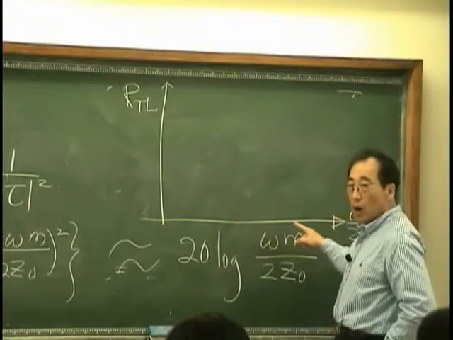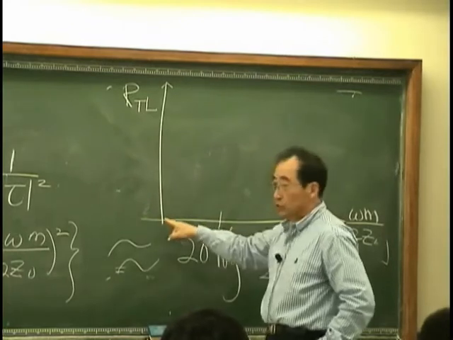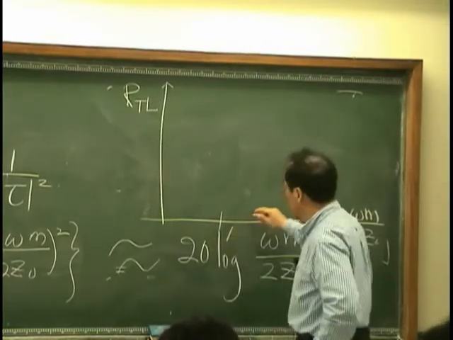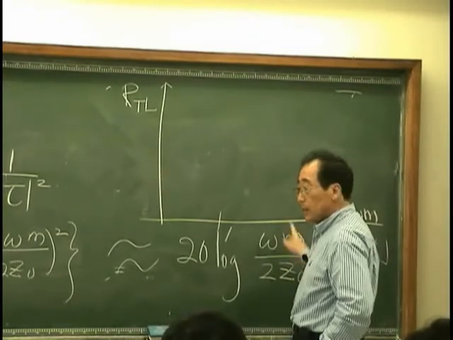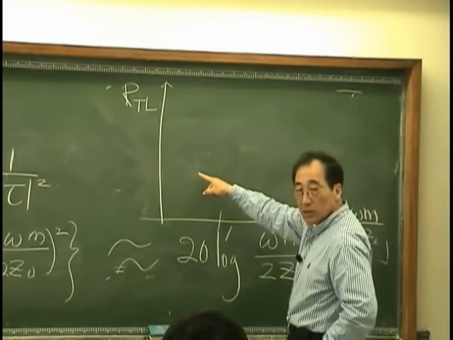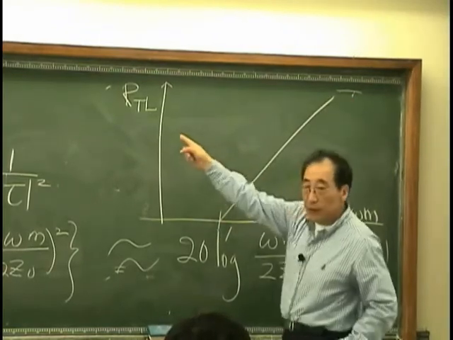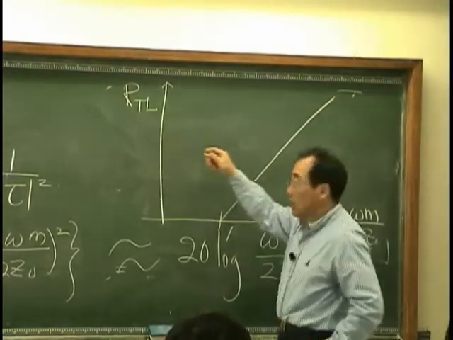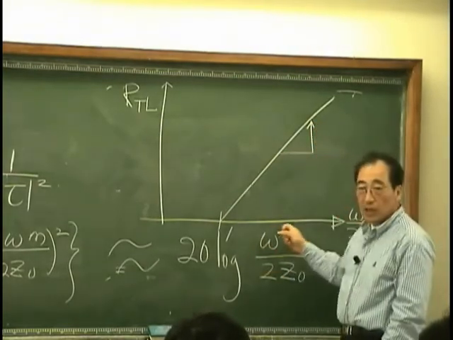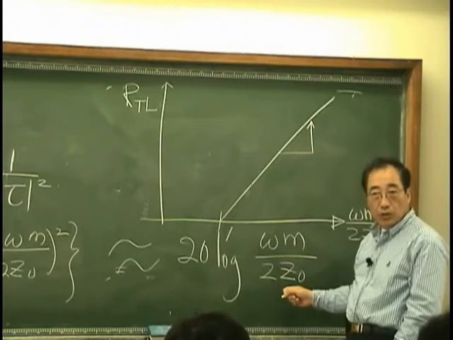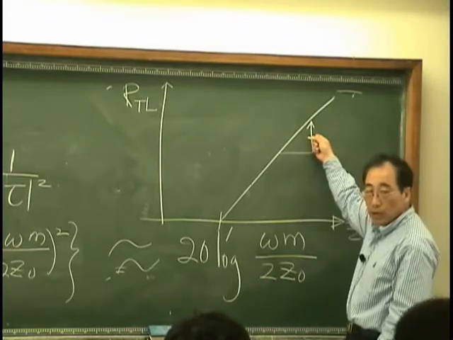When this one is 1, log is 0, and then as this increases, transmission loss increases like this. If I plot this in log, I can say that if this one increases by 1 octave, meaning twice bigger than before, then this one increases.